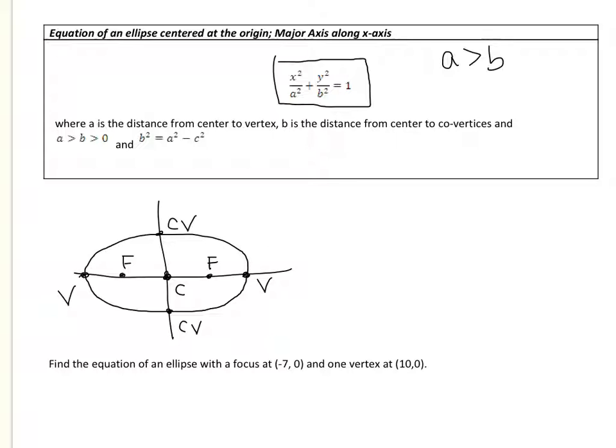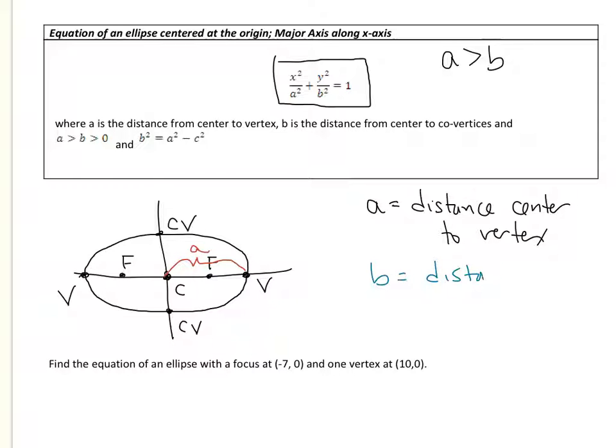Now, this a and b: a is always the distance from the center to the vertex. So in our picture, this distance from the center all the way out to the vertex, this would be a. b is going to be our distance from the center to the co-vertex.